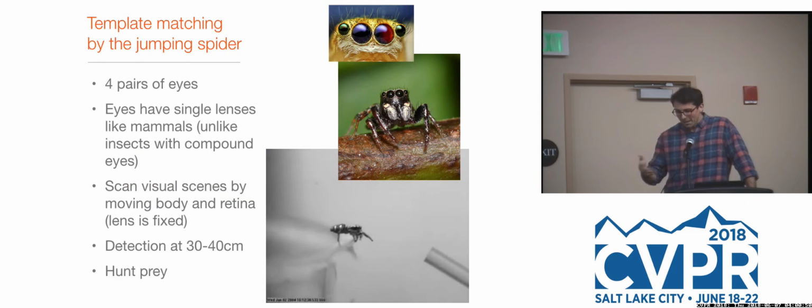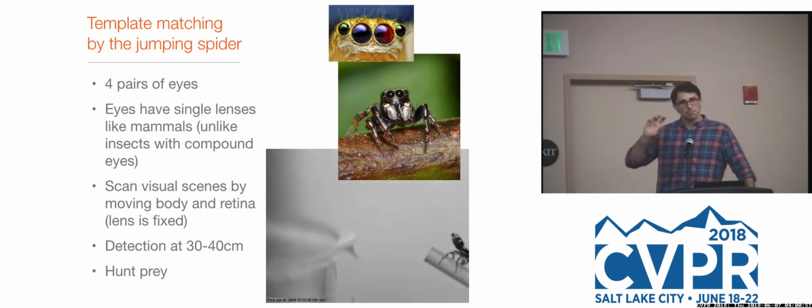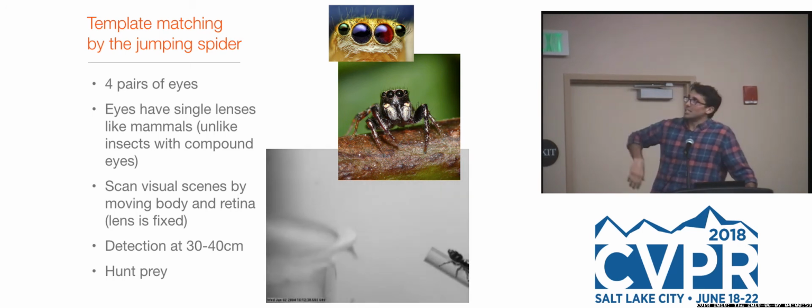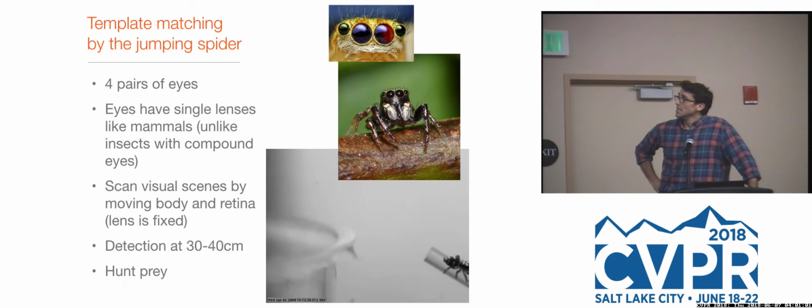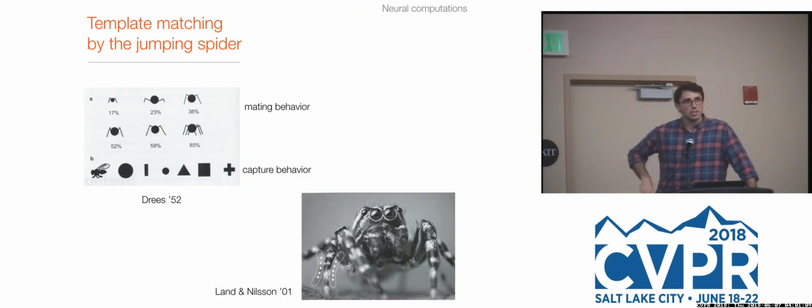And so this template matching, again, I keep coming back to it, but it's so powerful and so prevalent throughout biology. And just as a brief aside, I want to introduce the jumping spider. So this spider has 4 pairs of eyes. It is also used as a model for learning and for visual learning because of its great visual acuity.